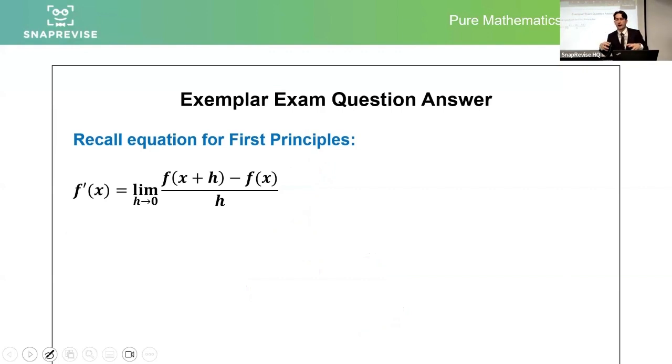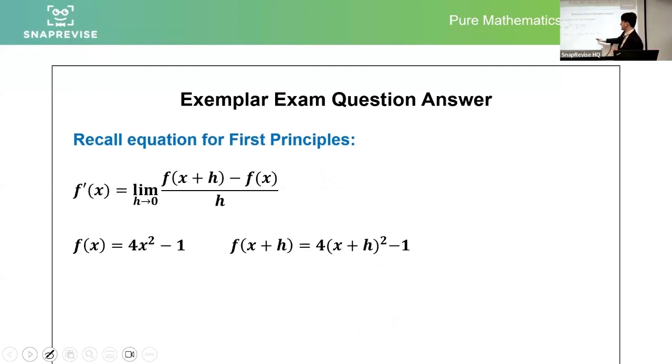But we're not just going to put x into that. We're also going to put x plus h in as the new x. So notice that f of x plus h would be 4 lots of x plus h squared minus 1. Then you do the difference of them over h, and we're going to take limits.